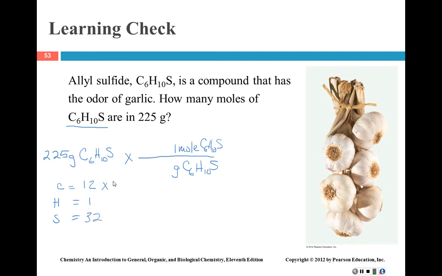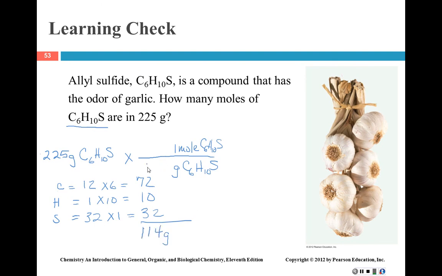So we got 6 carbons, 10 hydrogens, and 1 sulfur. That's 72, I think. I never trust myself on big numbers. 72, all right. So 72 plus 10 plus 32 gives us 114. That's what I got. Okay.